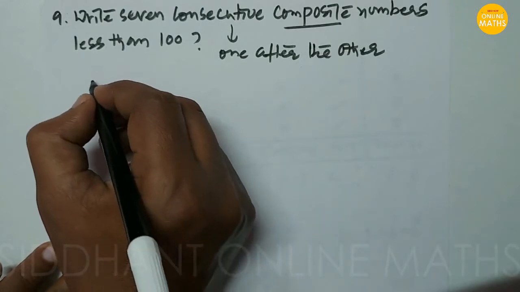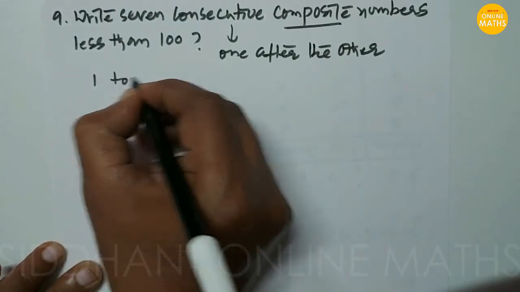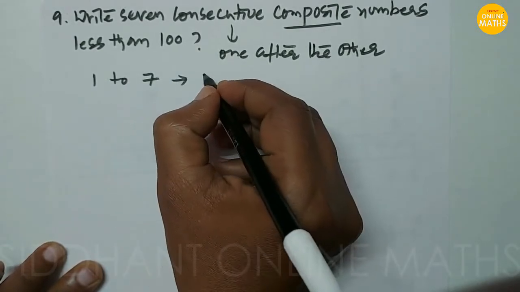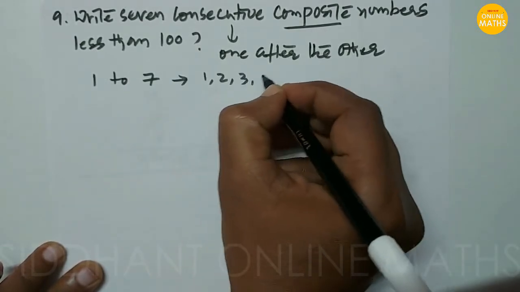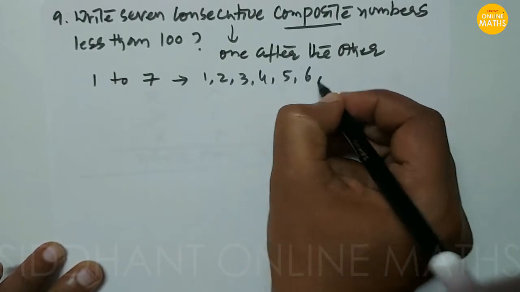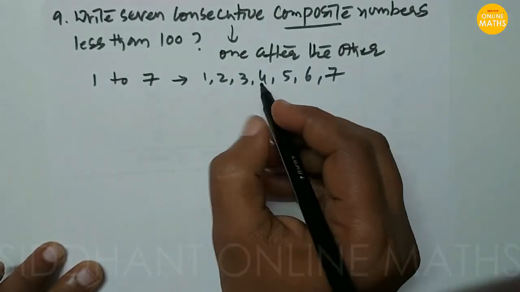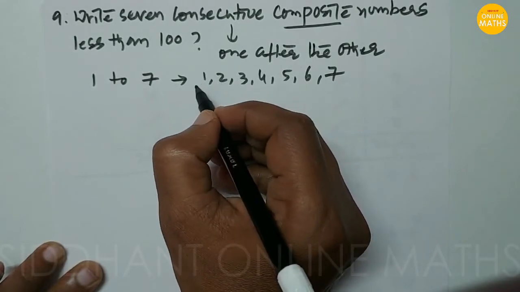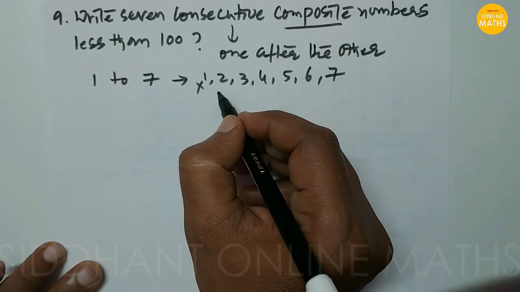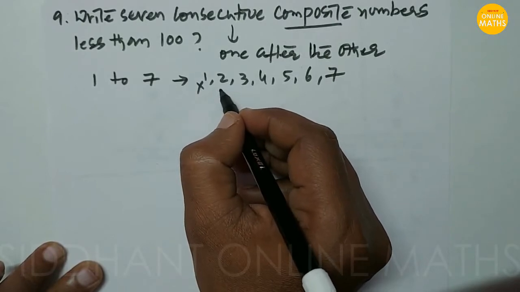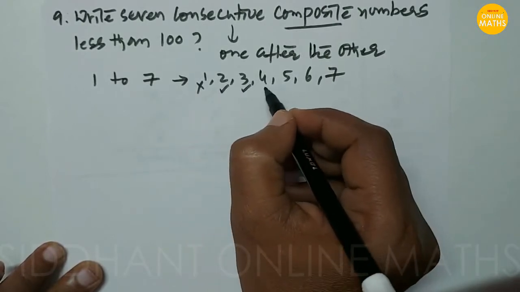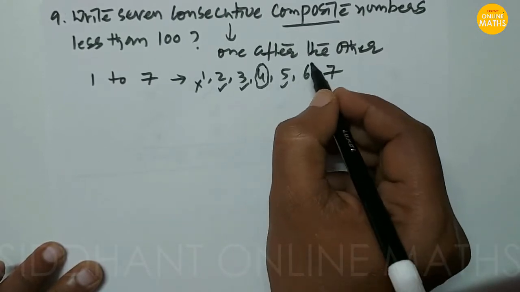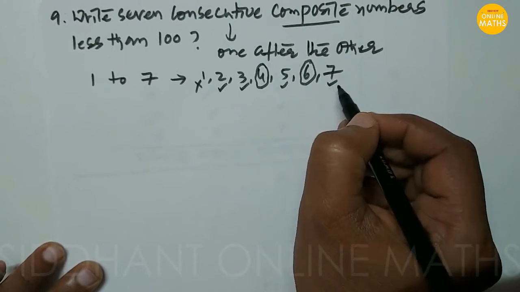Suppose I select 1 to 7: 1, 2, 3, 4, 5, 6, 7. 1 is neither a composite number nor a prime number. 2 is a prime number, 3 is a prime number, 4 is a composite number, 5 is a prime number, 6 is a composite number, and 7 is a prime number.